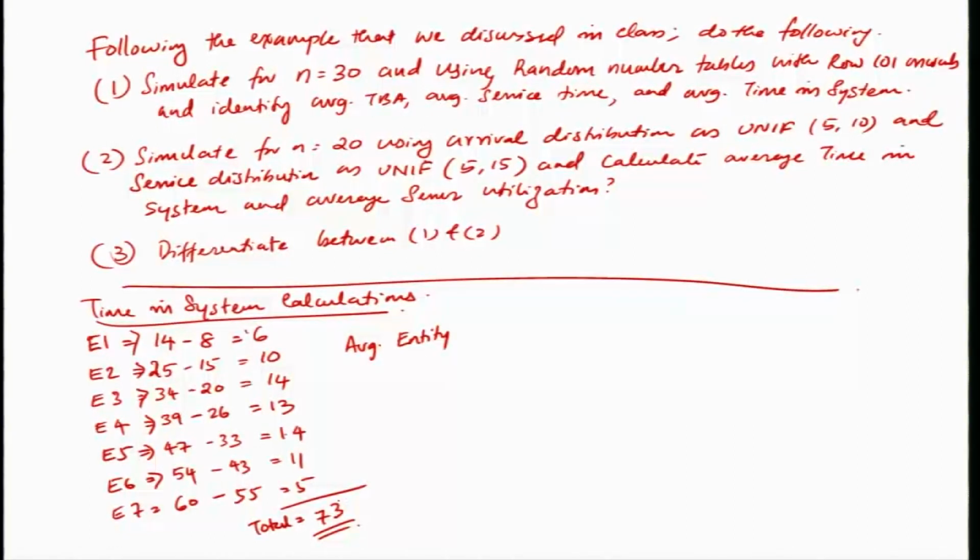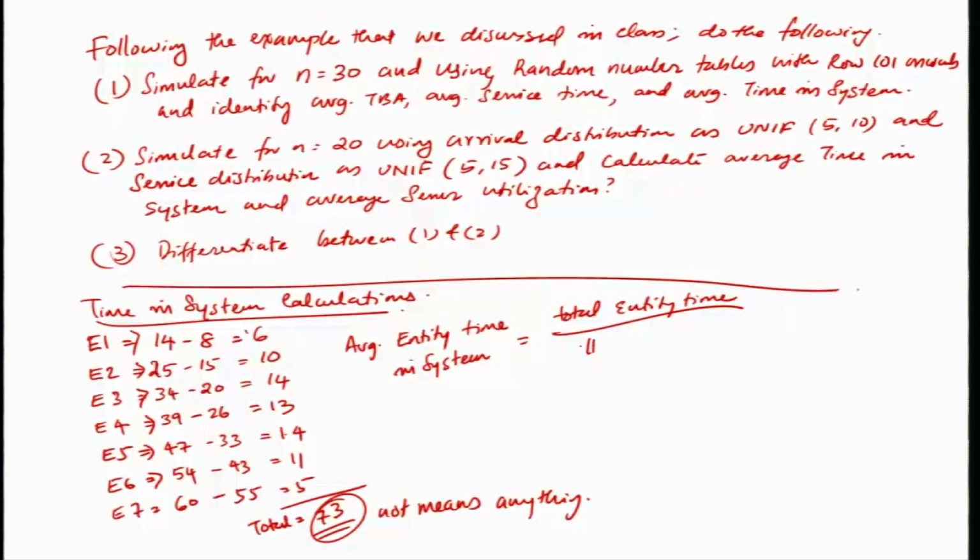The average entity time in system is equal to total entity time divided by number of entities.